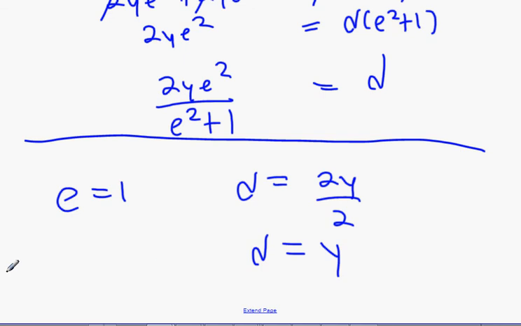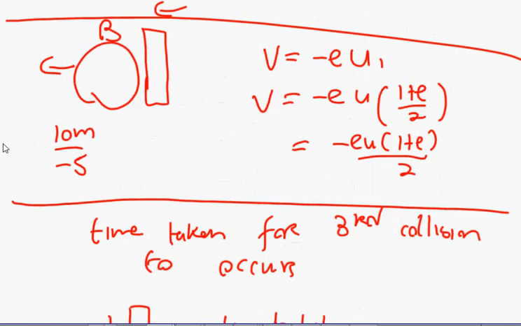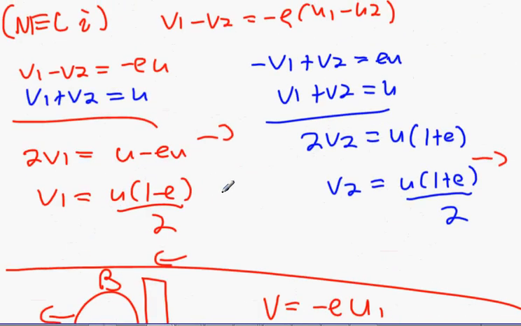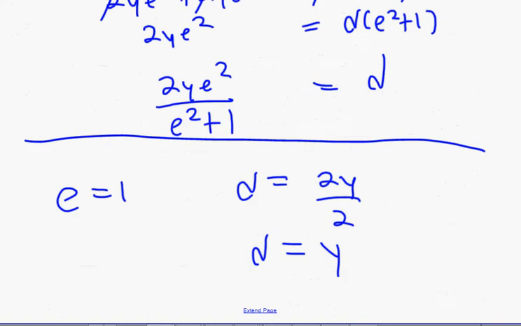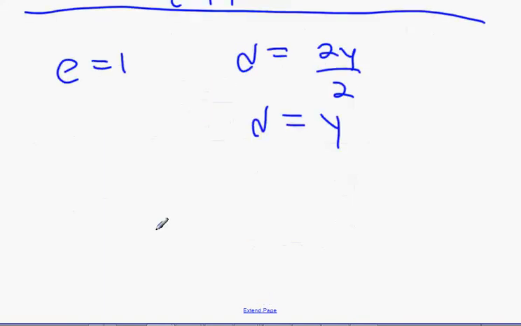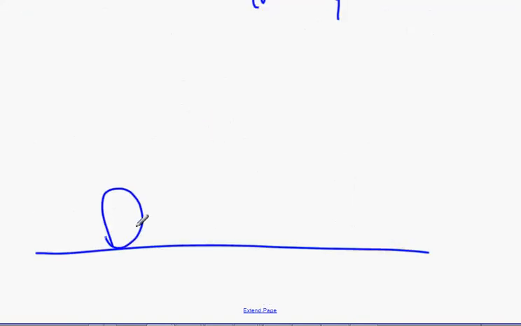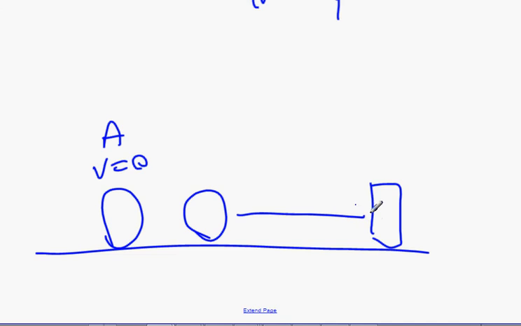Yeah. And also, when e equals 1, this is what I said earlier, v1 equals 0. So, interpretation is, after the first collision, particle A stops flat, particle B bounces off the wall and comes all the way back to hit A. And that's your interpretation.